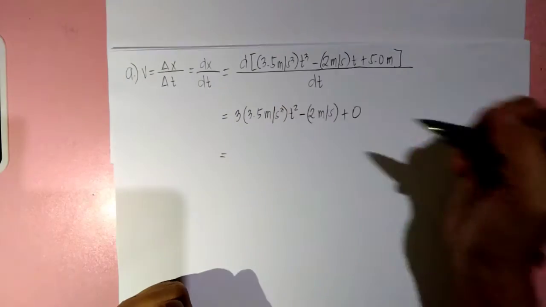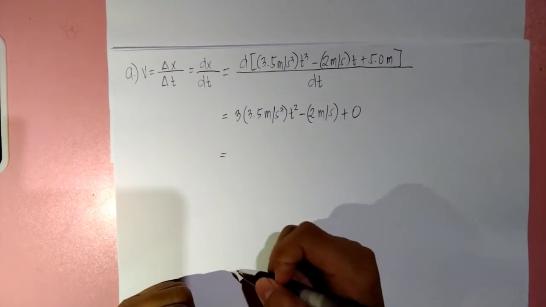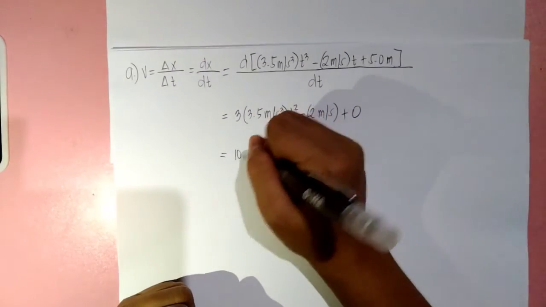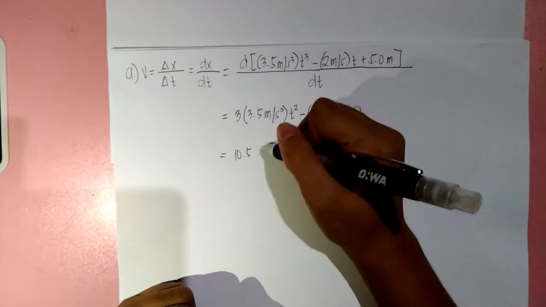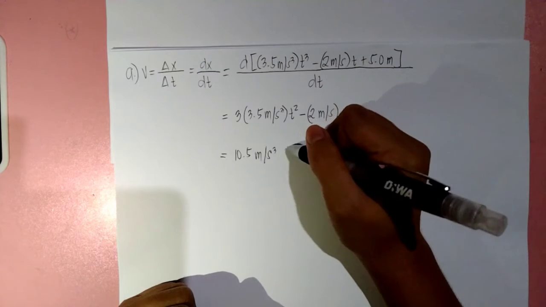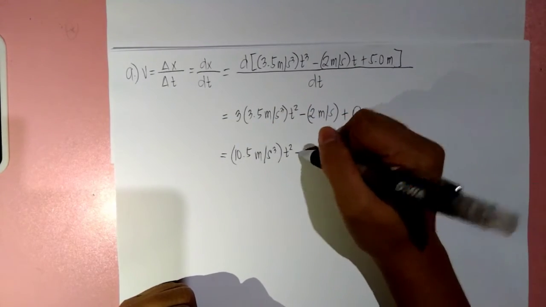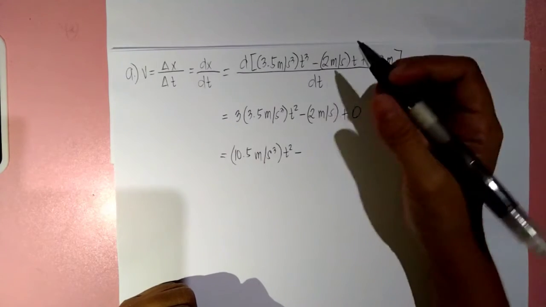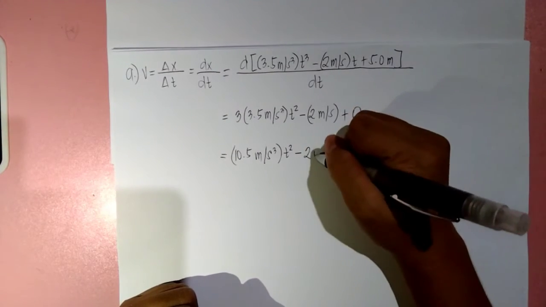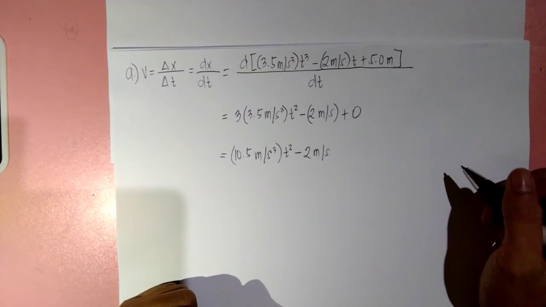So you can put 0 right here or just leave it. Let's perform the operations. 3 times 3.5 is 10.5. Of course, you have to copy the units. t squared, copy, and then 2 meters per second.